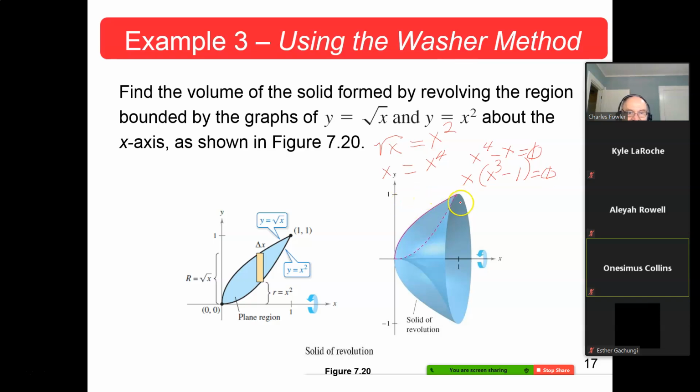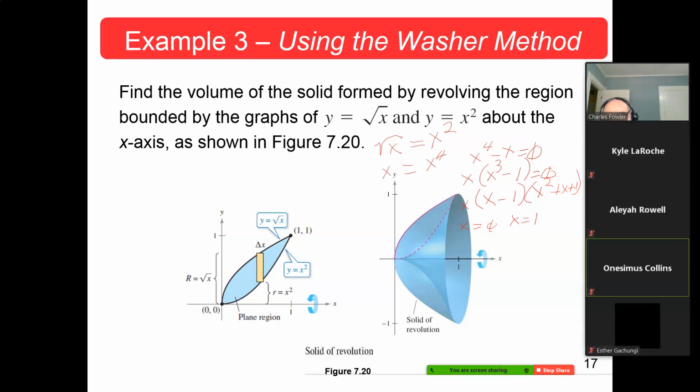Then when you factor that yet again, that would be x times (x minus 1) times (x squared plus x plus 1). Now that's never equal to 0, ever. So your two places where this is equal to 0 are x equals 0 and x equals 1. And of course, those are the two places where those intersect.